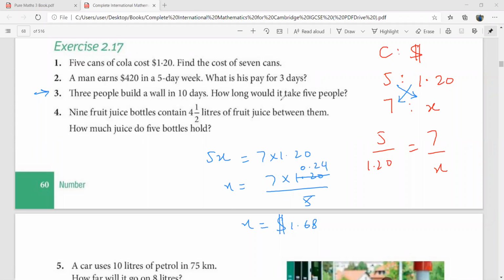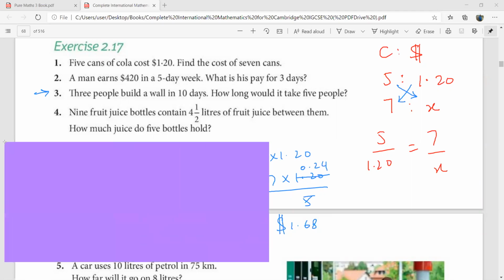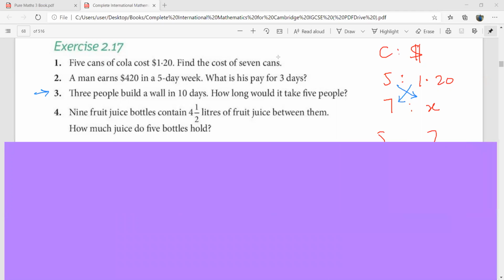How long would it take 5 people? Now we have the same wall, and we're assuming all the people are working at the same rate. So now we have people, and then we have how many days they are taking.